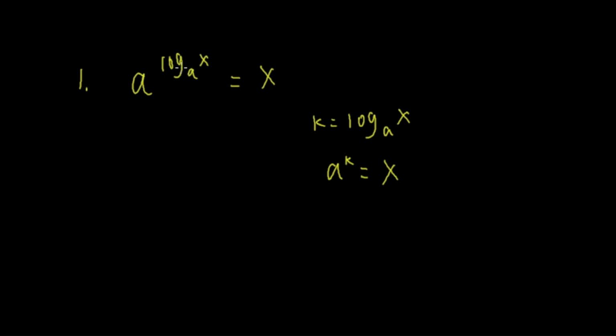And this one here, I said log x to the base a is equal to k, so I can rewrite this one as a to the k equals x. So this and this are exactly the same.